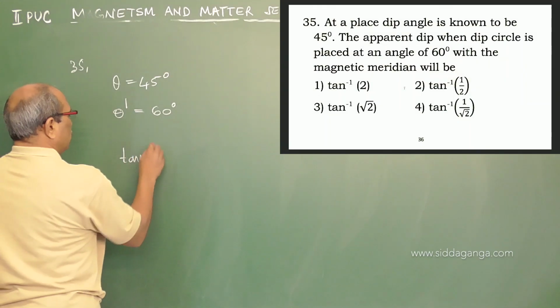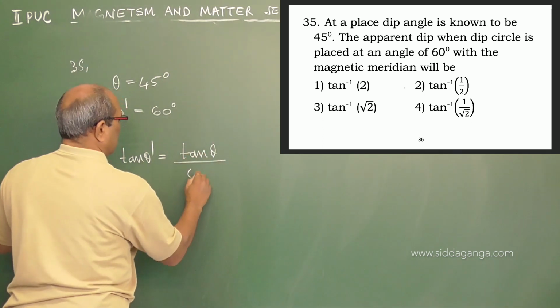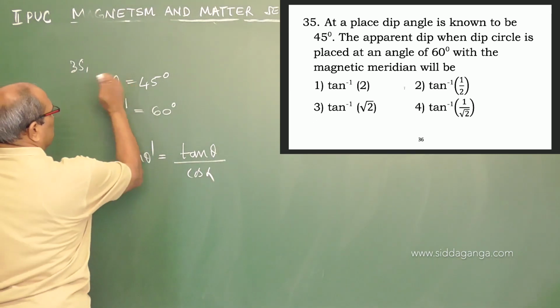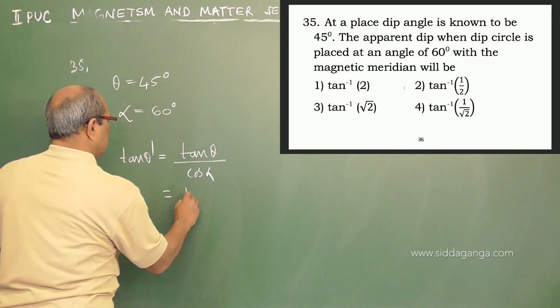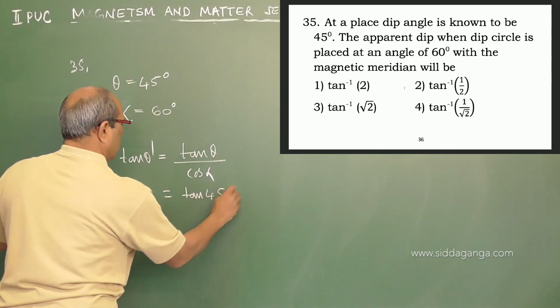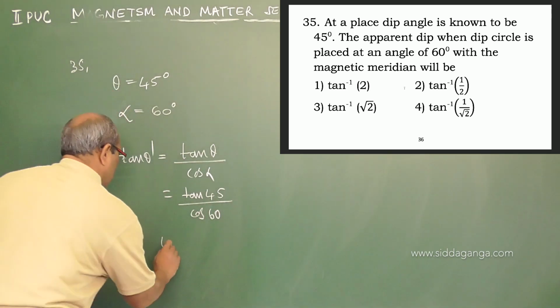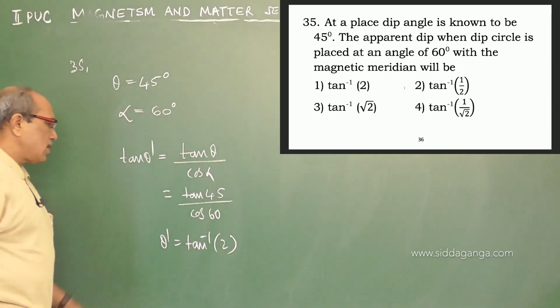The relation given to you is tan theta dash is tan theta by cos alpha. So tan theta dash is tan 45 divided by cos 60. So theta dash is equal to tan inverse of 2. Apparent dip.